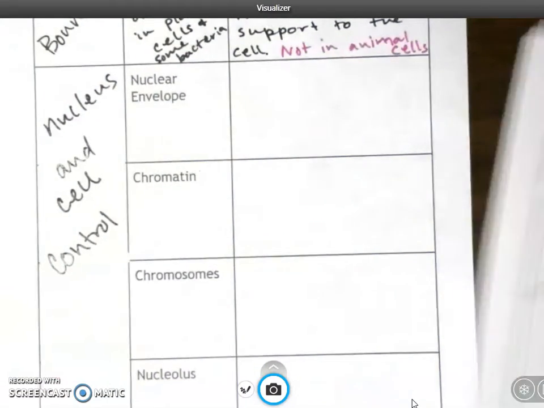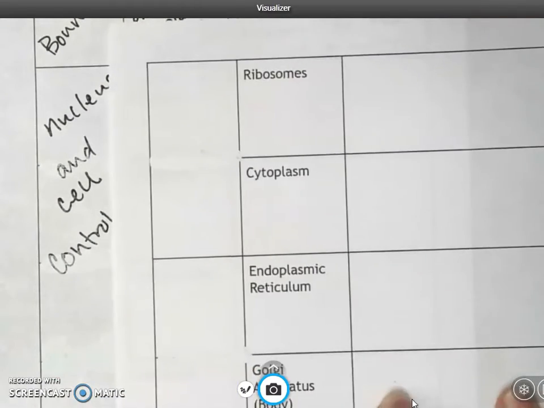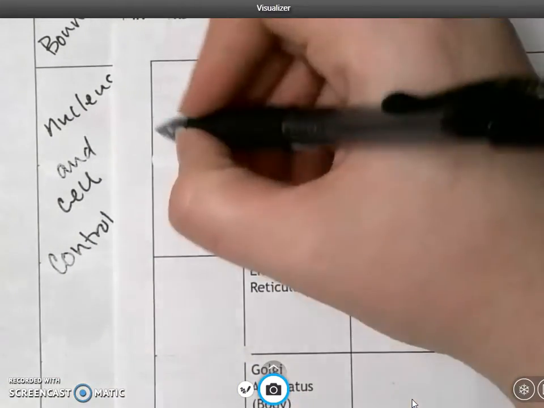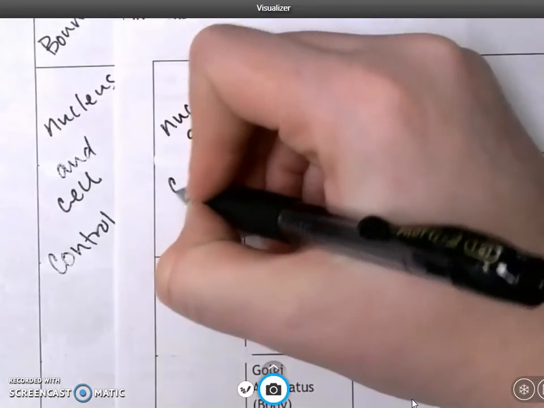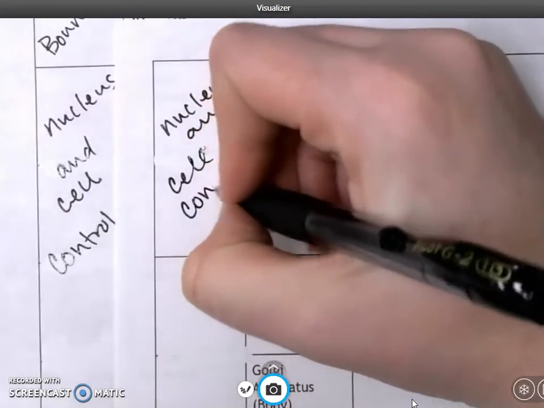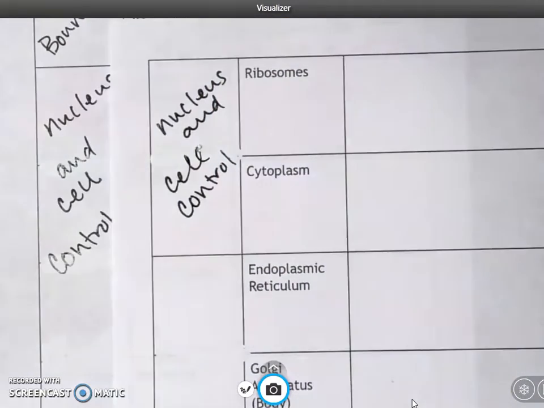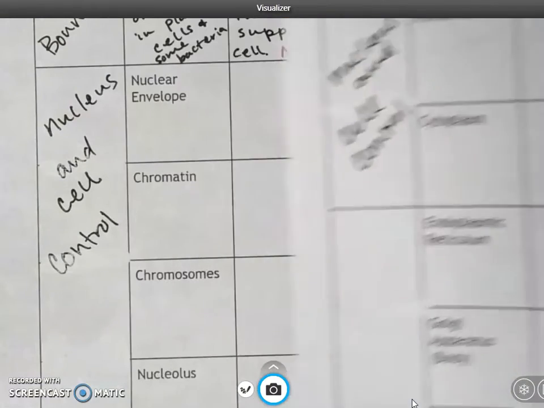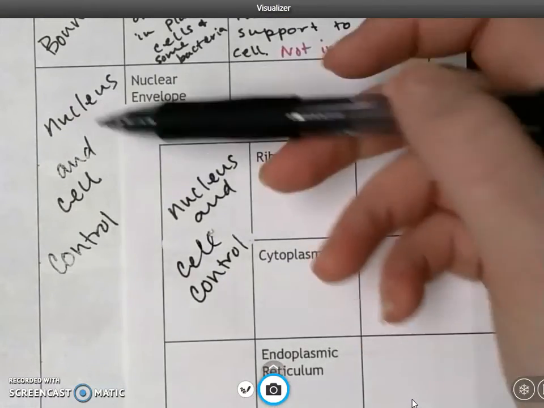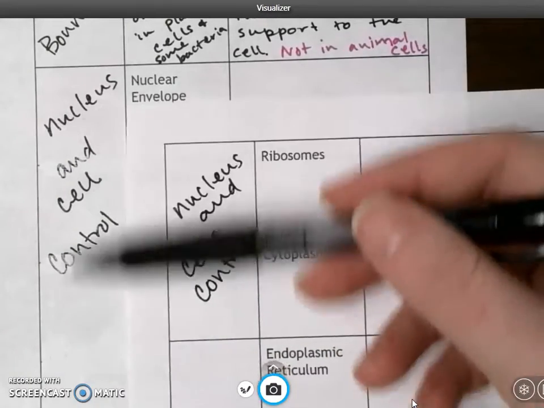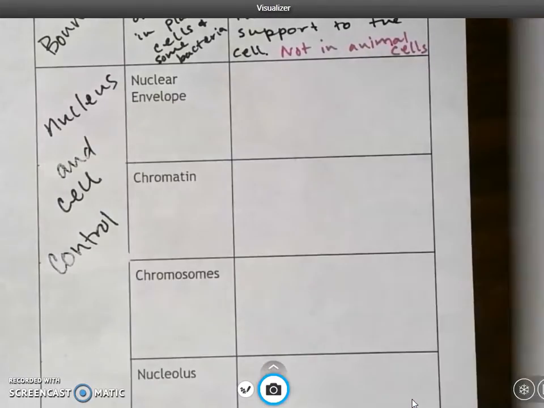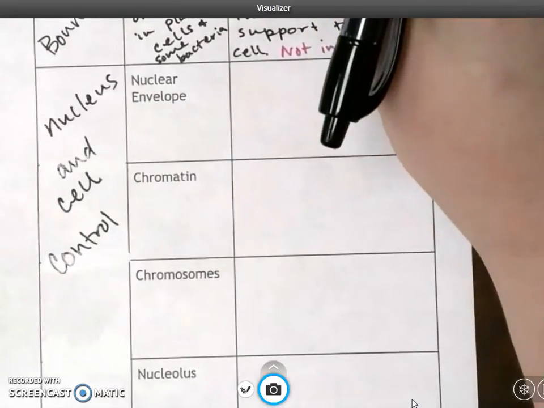I'm going to write it on the next page, right next to ribosomes and cytoplasm. So nucleus and cell control. That is the function of all of these. They're either in the nucleus, part of the nucleus, or somehow control the cell.